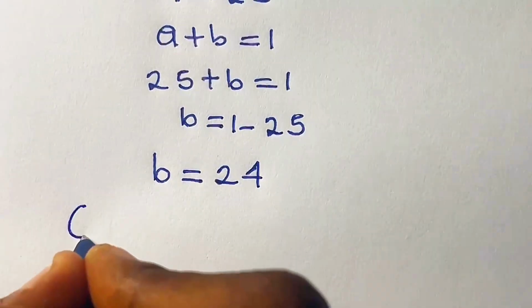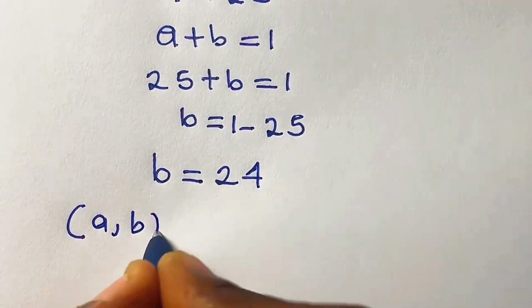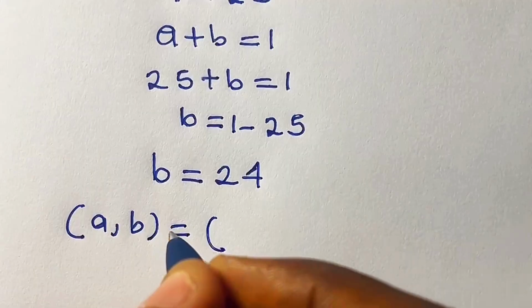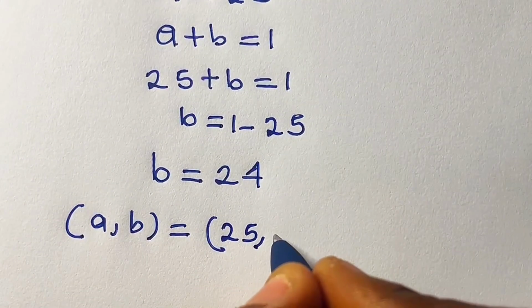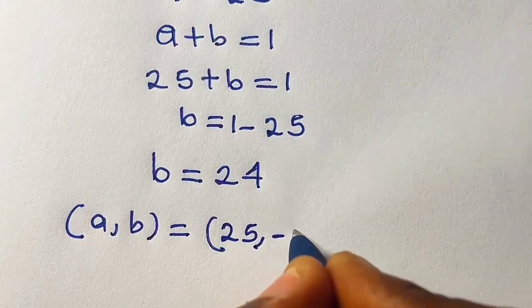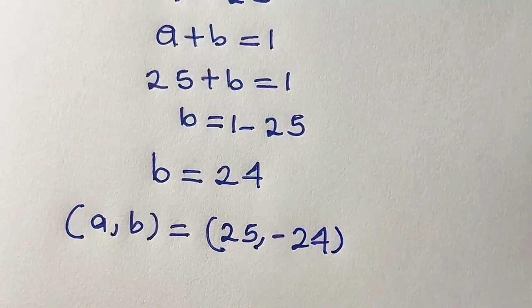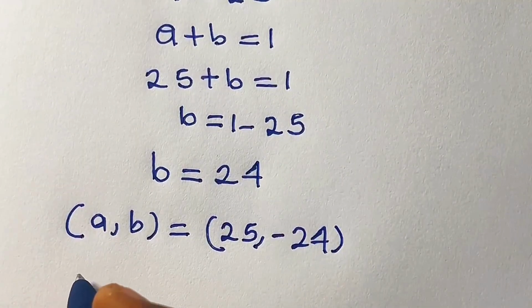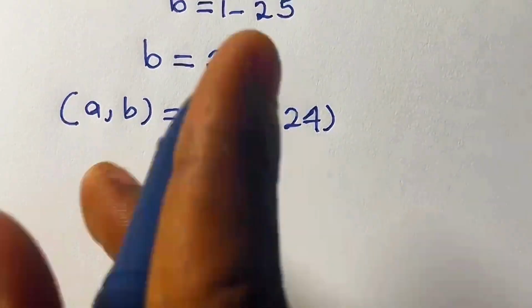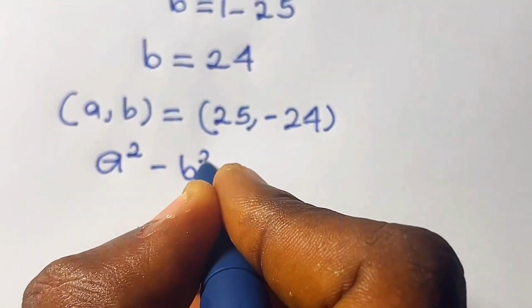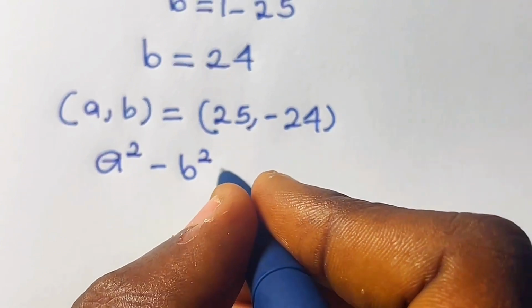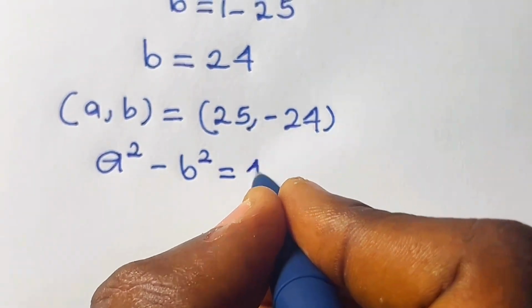Therefore, for this case, our pair a comma b: a is 25 and b is minus 24.